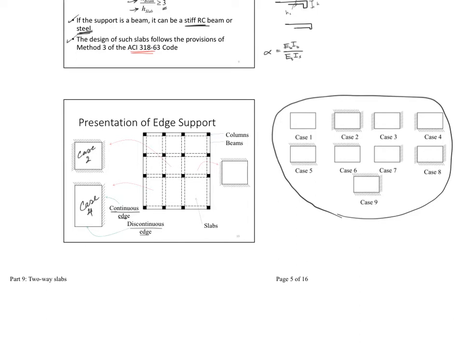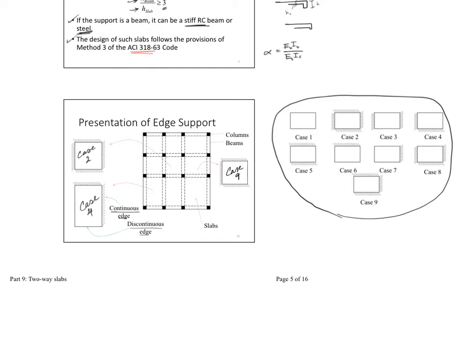For the one over here, for example, it is discontinuous in the short side, then I have to look between cases 8 and 9. Here, this is the short, this is the long, then it is similar to case 9, and then I call it case 9. So now I'm able to know the slab case once I just look at it.